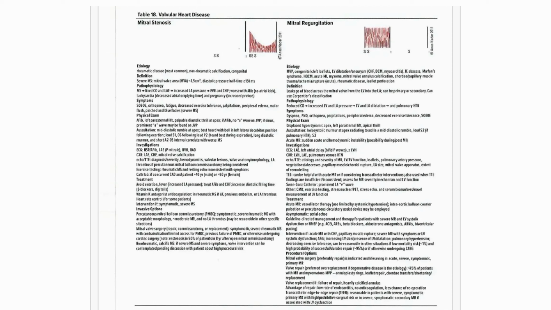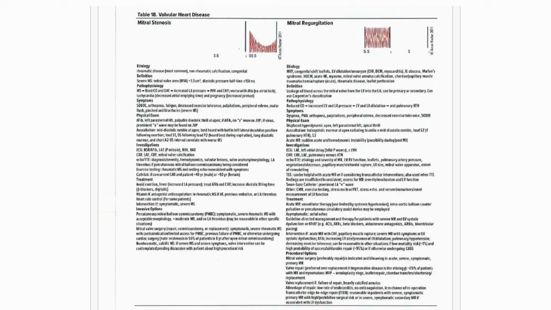Treatment. Treatment focuses on relieving symptoms. The table recommends treating atrial fibrillation, treating heart failure, slowing the heart rate using beta blockers or digoxin, and anticoagulating patients with rheumatic mitral stenosis and atrial fibrillation using vitamin K antagonists. Invasive options.